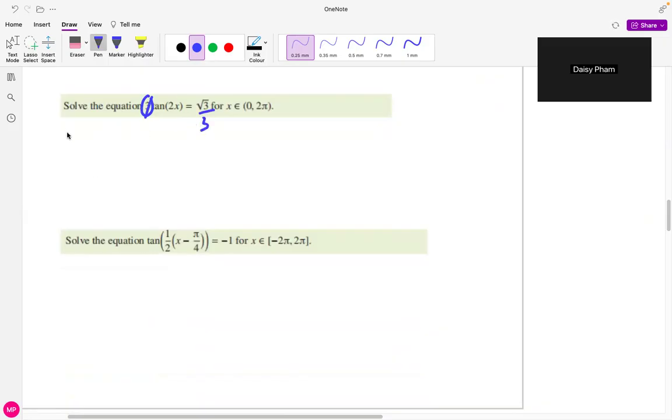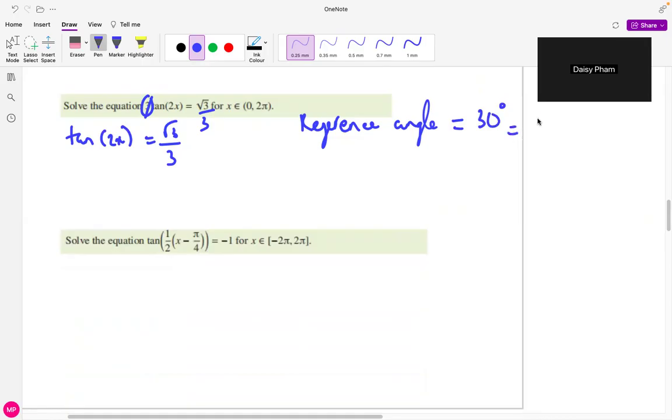So we get tan of 2x equals √3 on 3, right? Then we're going to find the reference angle that has tan √3 on 3. The reference angle for that will be 30 degrees, which is π over 6. We are doing it in radians.